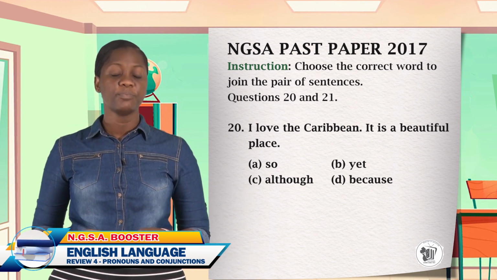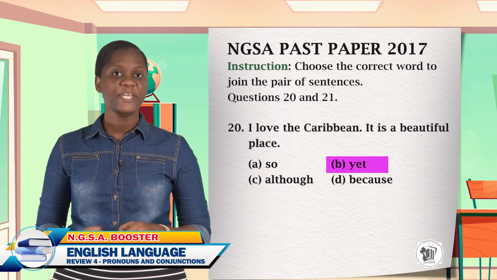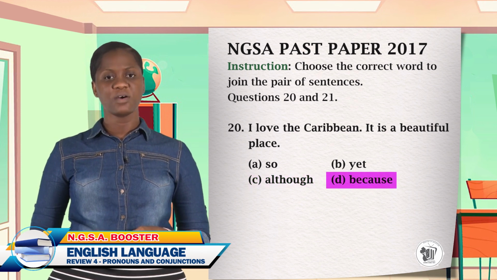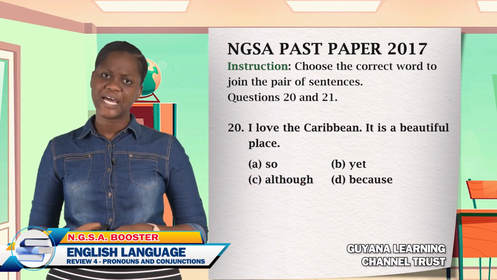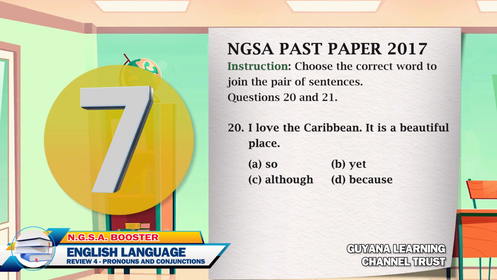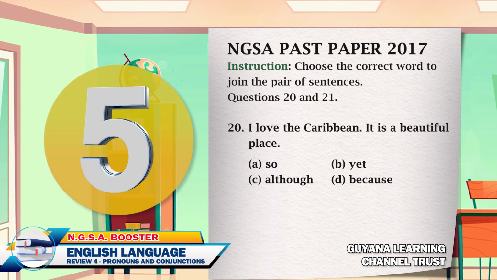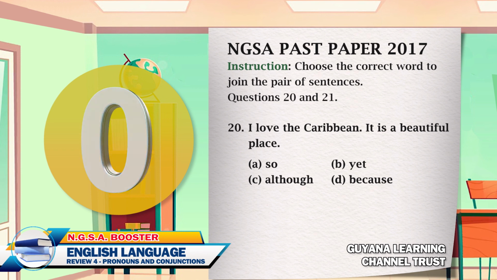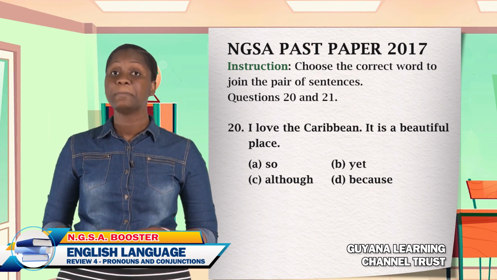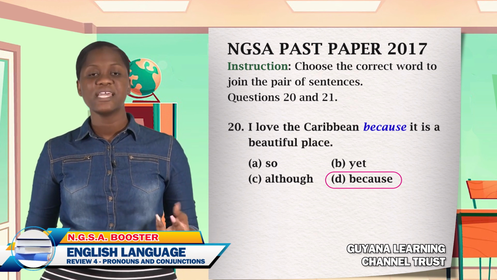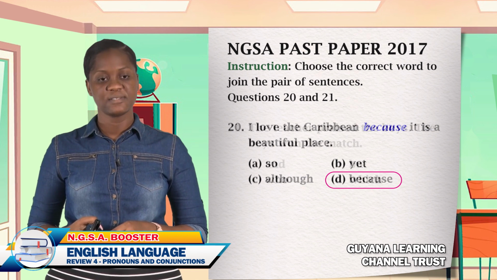Our options were A, so, B, yet, C, although, or D, because. What would you place in that space, boys and girls? Definitely, because. "I love the Caribbean because it is a beautiful place."